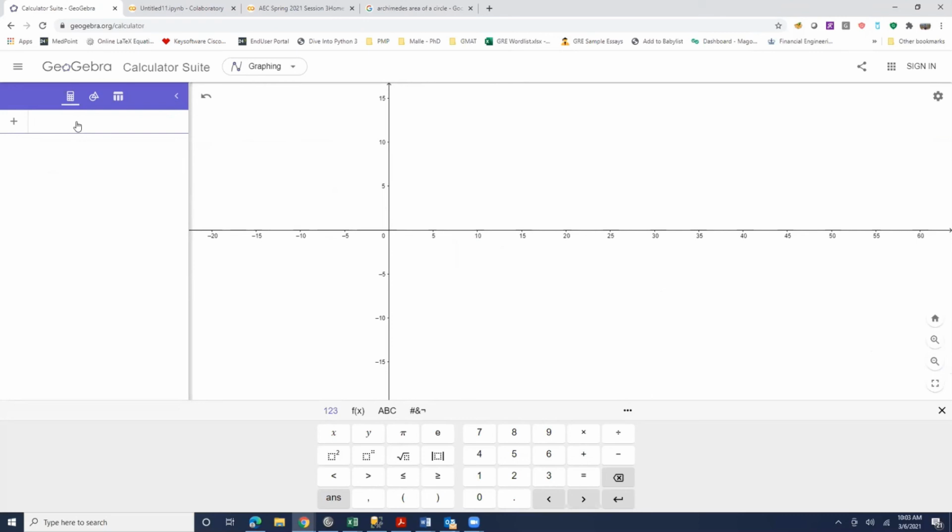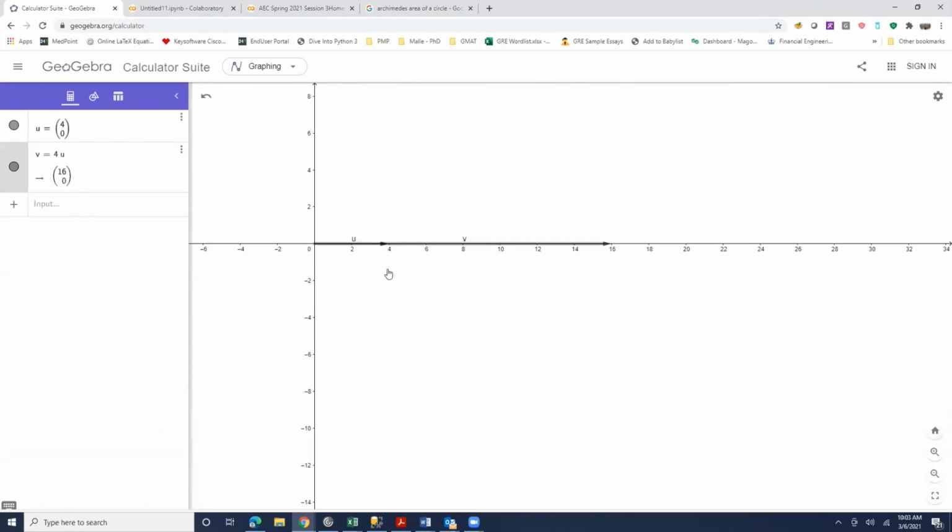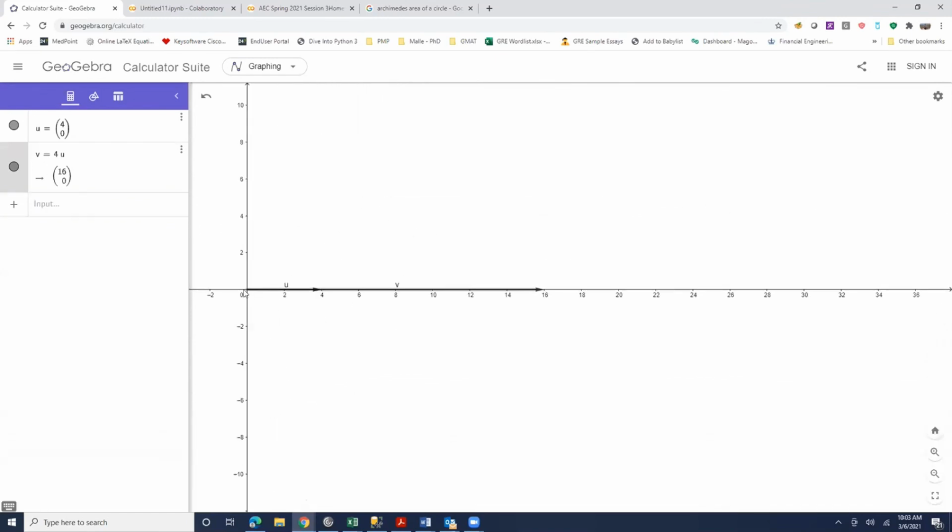So let's start with that. Because this is one dimension, you can think of this as a number line. We started with the point 4 and then stretched it.